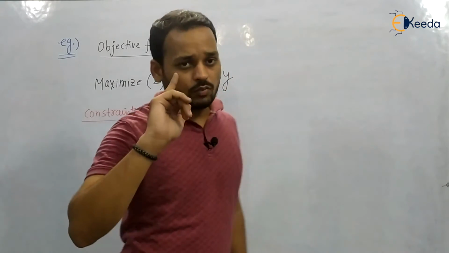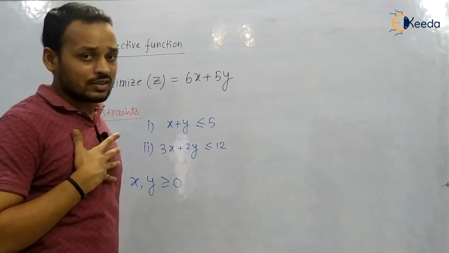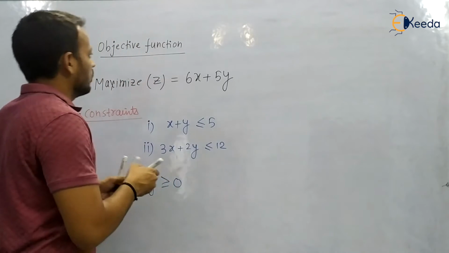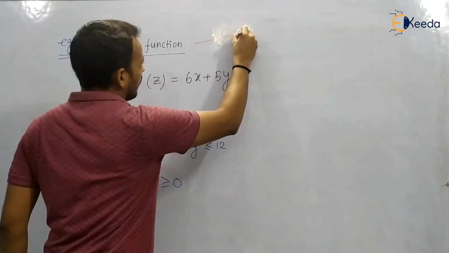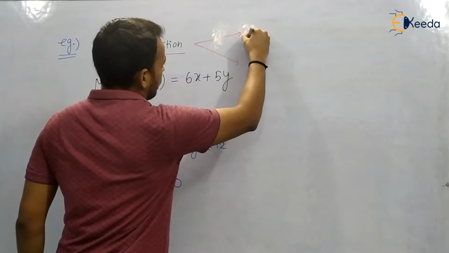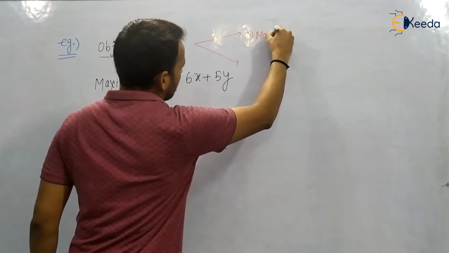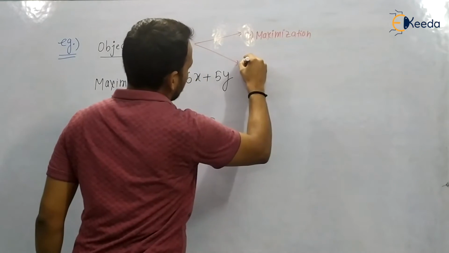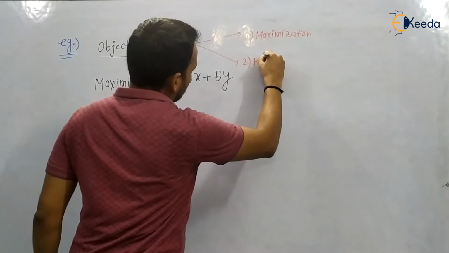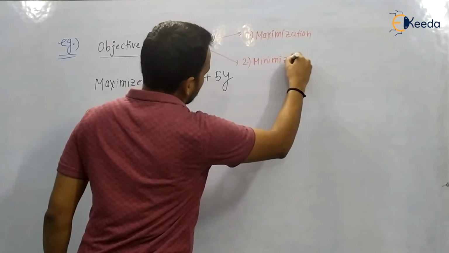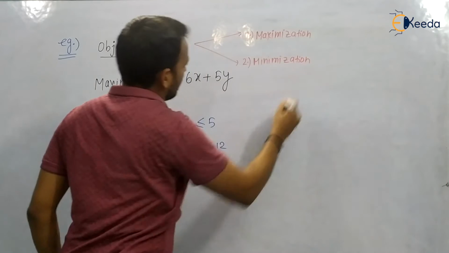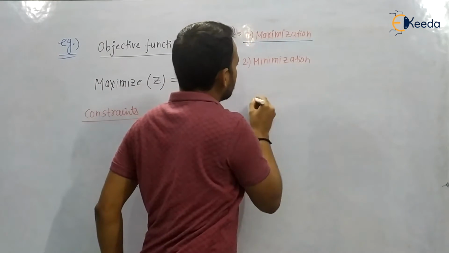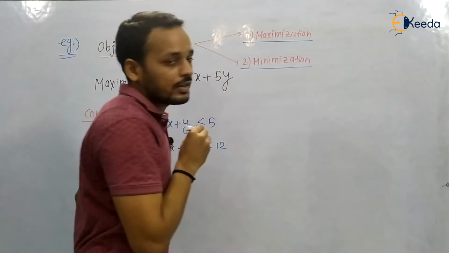So the first one is the objective function. The objective function is our aim. We have to either maximize it or minimize it, so two things will be there for the objective function: the first one is maximization, and the second one is minimization.